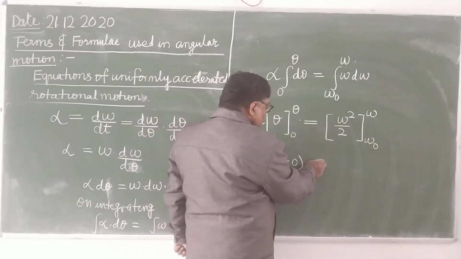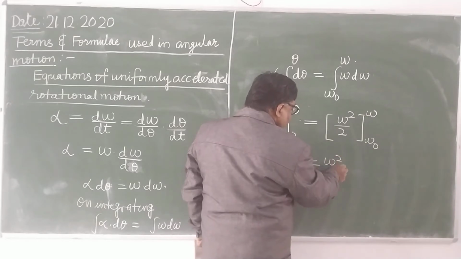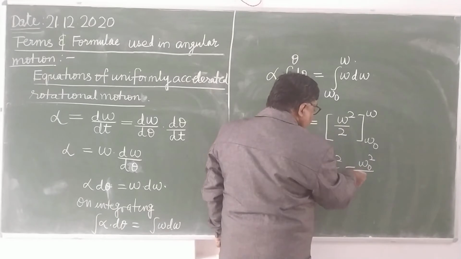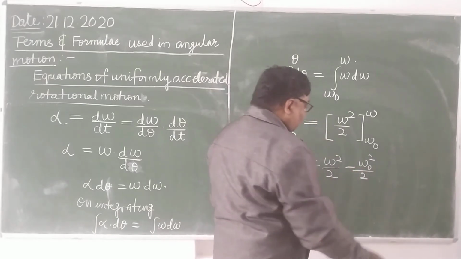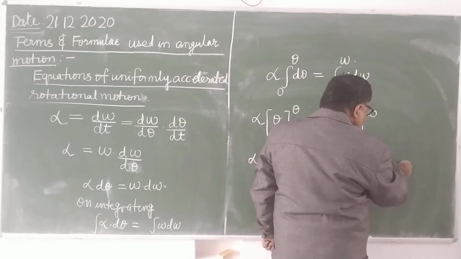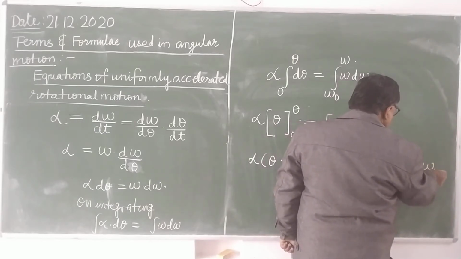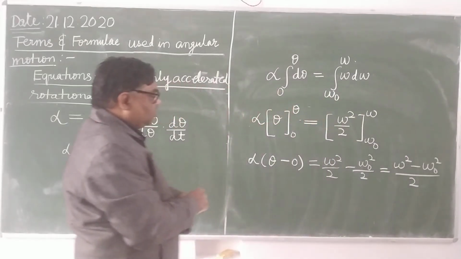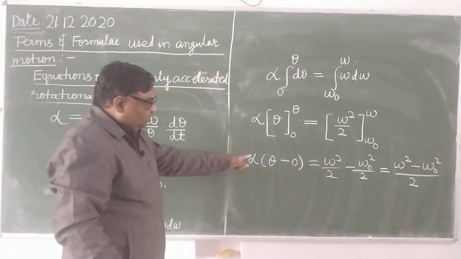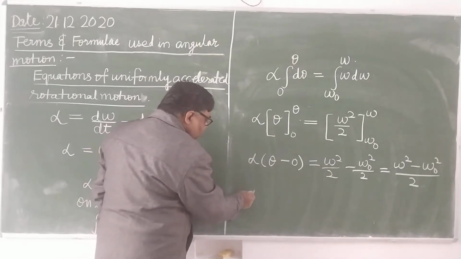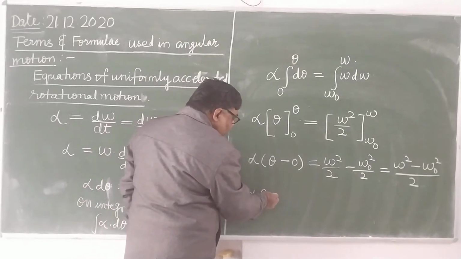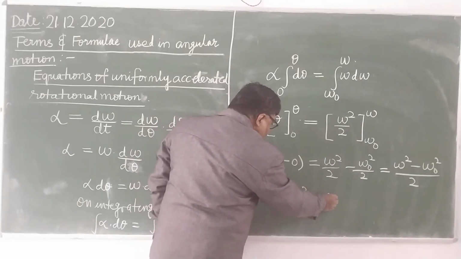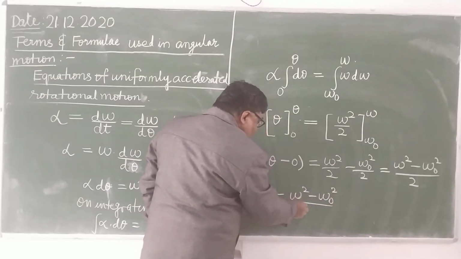This will be equal to omega square upon 2 minus omega naught square upon 2. It is clear? So from here, alpha into theta equals omega square minus omega naught square upon 2.